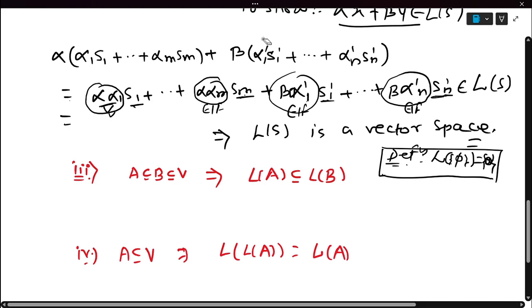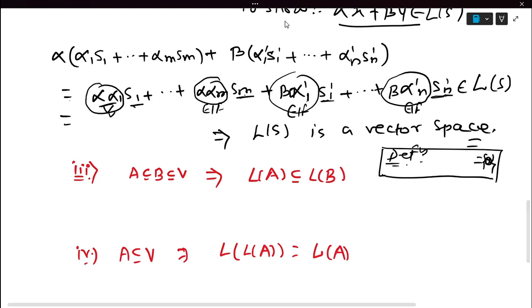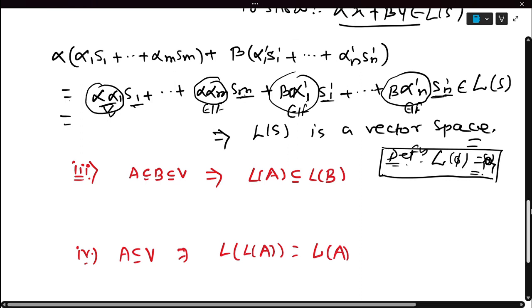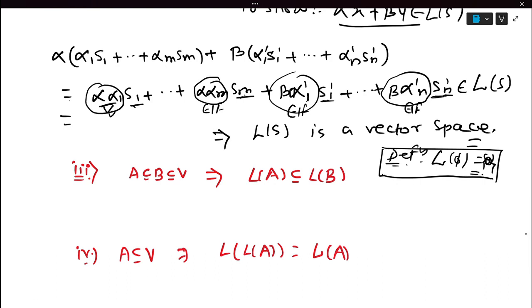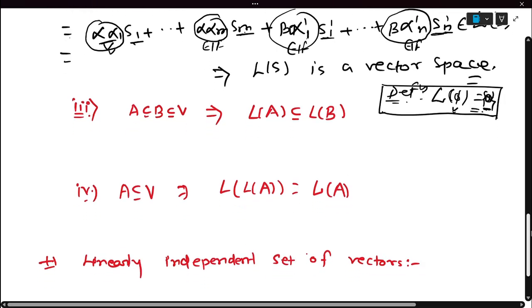Linear combination of phi will be the zero vector, because if we have any element in the set then their linear combination will not be the zero vector space. So we can define the linear span of the empty set as the zero vector space.